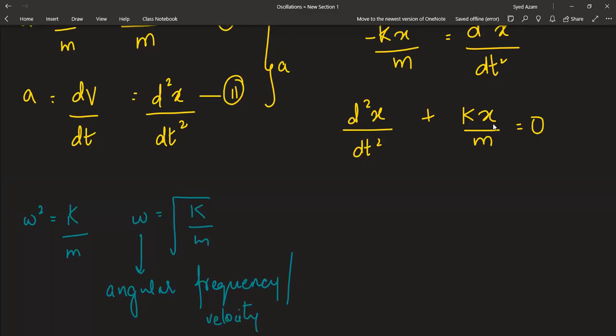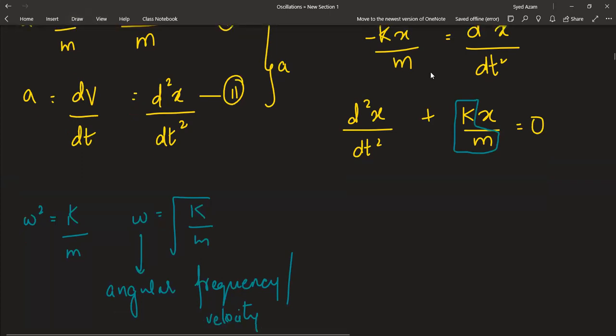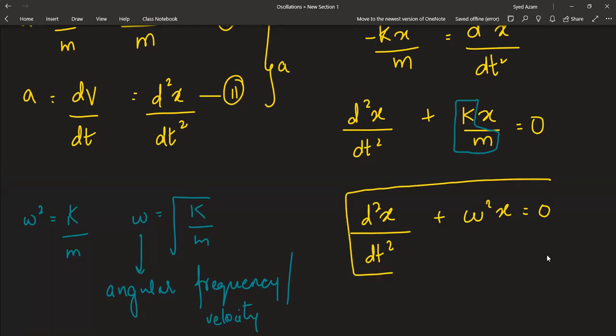So in this, k by m can be extracted separately. So we will get d square x over dt square plus omega square x is equal to 0.